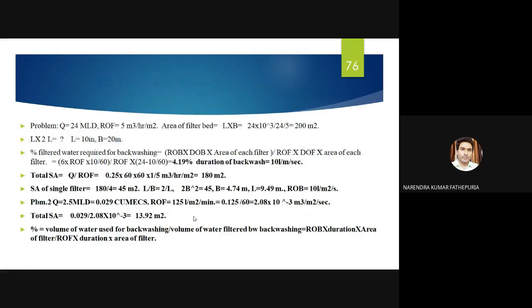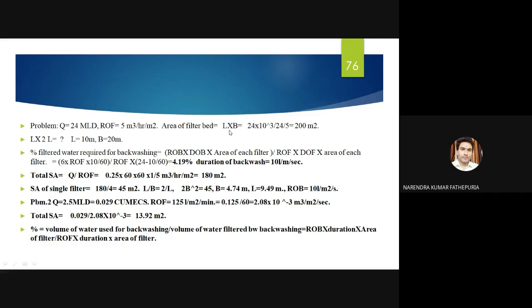This is a problem first for rapid filtration. The capacity of the water treatment plant is 24 MLD. The rate of filtration is given as 5 meter cube per hour per meter square. The area of filter bed is length into width. 24 into 10 to the power of 3 divided by 24 divided by 5, so you can calculate it.